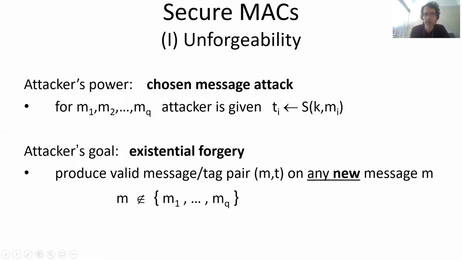So what is the attacker's power? It's something called chosen message attack. It looks syntactically very similar to chosen plaintext attack on encryption. The attacker chooses messages in the message space, and for every message he chooses, he gets to see a tag. So this algorithm is going to compute the tag for him.